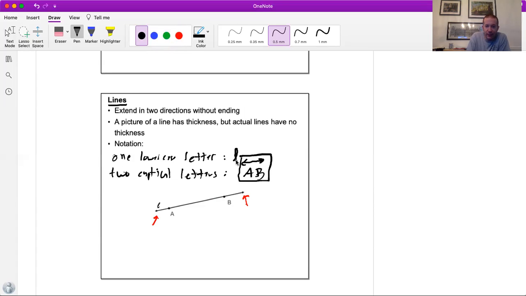This means line L. In this picture, line AB and line L are the same thing, but the double-headed arrow, whatever you want to call that thing, is important because it tells me that this is a line that extends forever in both directions. We're going to see in a minute that there are other little hats for the thing. So this hat has an arrow on both sides. We're going to see some other hats in a minute.